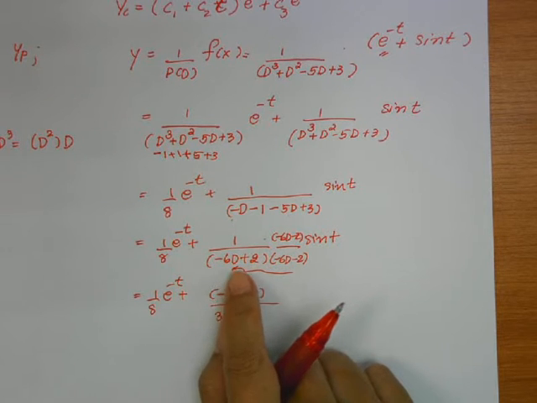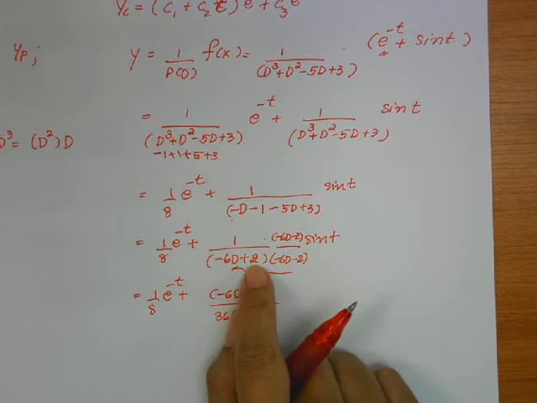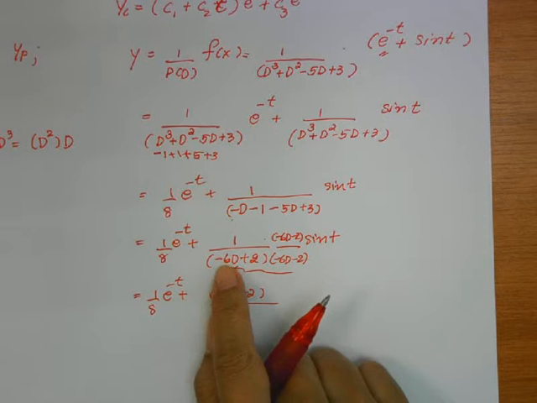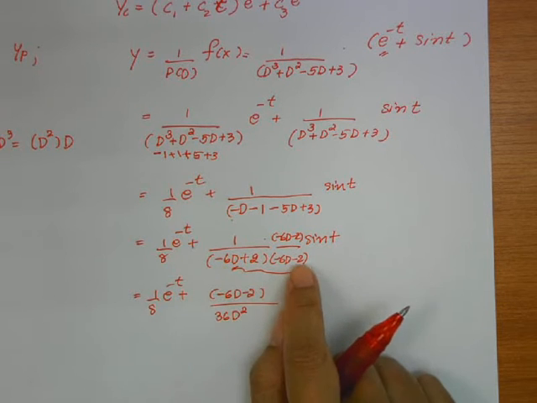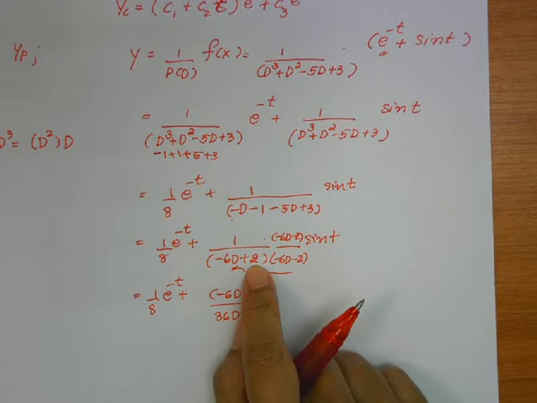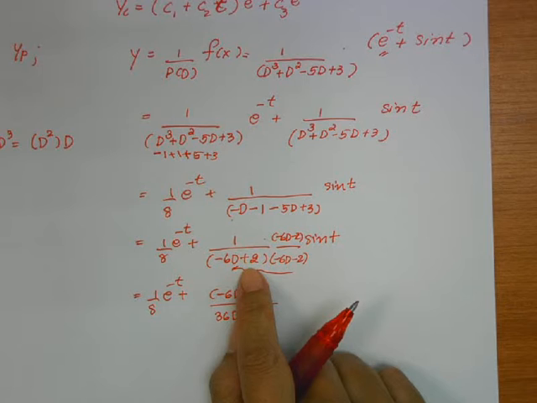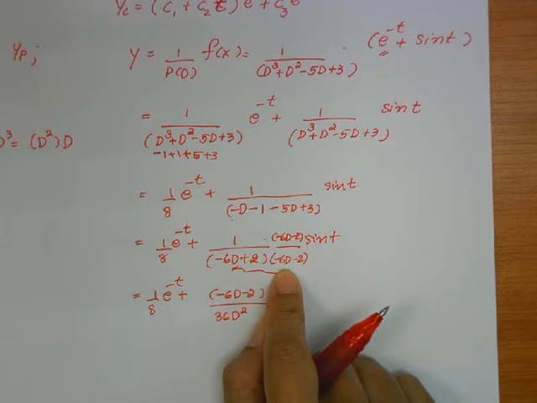In the middle, minus 6d times 2 is plus 12d. 2 times minus 6d is minus 12d, so both terms are cancelled out.